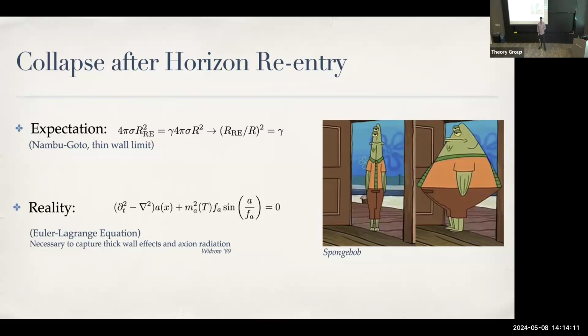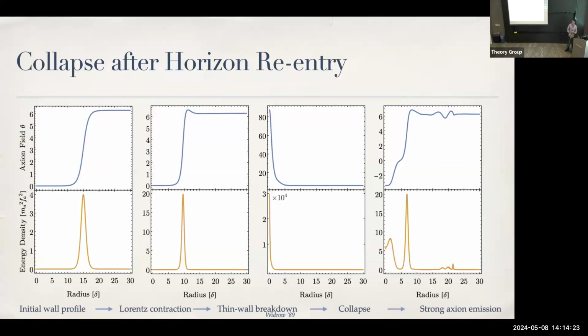So this was first pointed out actually by Widrow, that the thickness of the wall is something that's very important, and you can't just solve the Nambu-Goto equations when looking at the collapse of these spherical or nearly spherical walls. And so this is something we do. And here I'm just giving an example first of a perfectly spherical wall, but I'll answer Leanne Tao's question about how this changes with aspherical walls.